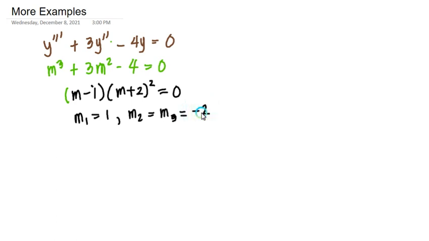Now, look at which cases apply to these roots. Take note, we have two distinct roots, 1 and negative 2, therefore we have case 1. But we also have repeated roots, therefore we have case 2. So, we have case 1 and 2. That means we will apply both concepts.